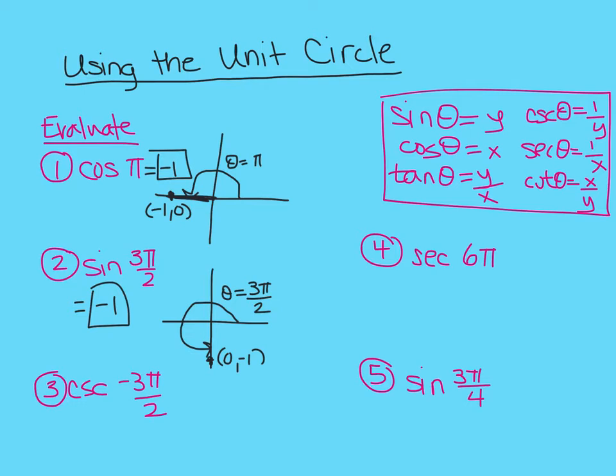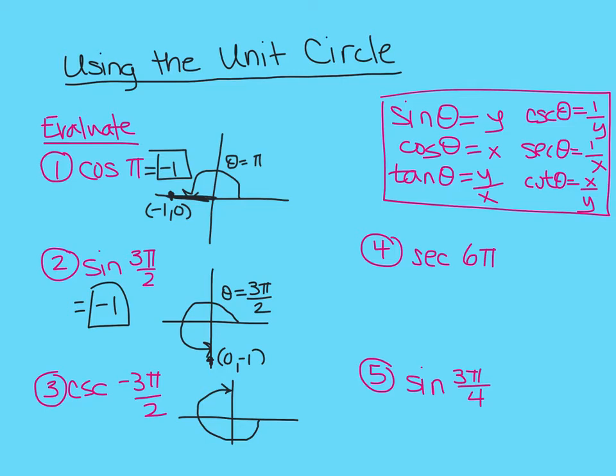Number 3 is a little harder for two reasons. The first is that we're looking at cosecant, not sine or cosine, and we're also using a negative angle. So -3 pi over 2 is the same type of angle that I just drew, except in the opposite direction. I start going clockwise, and I go around that much.